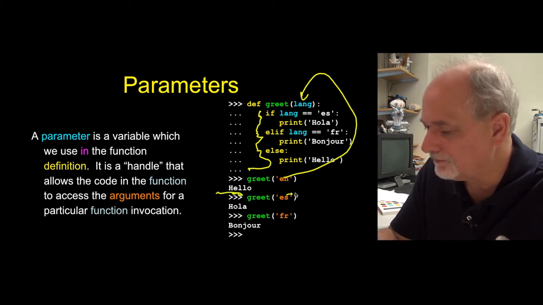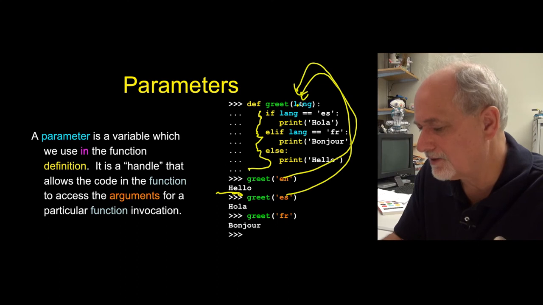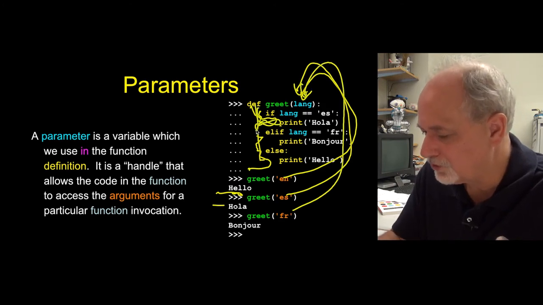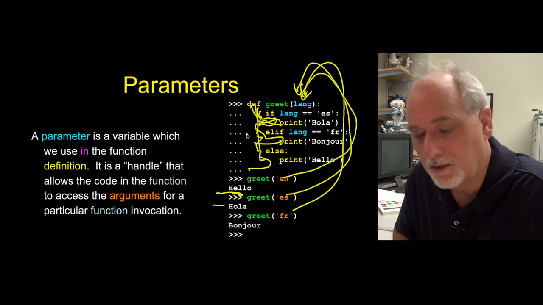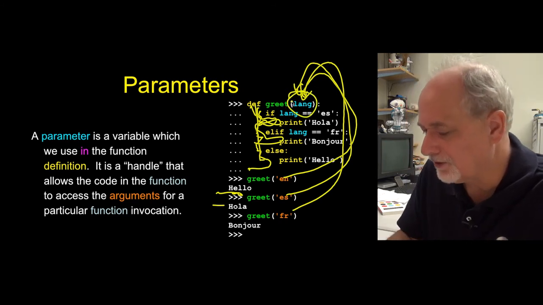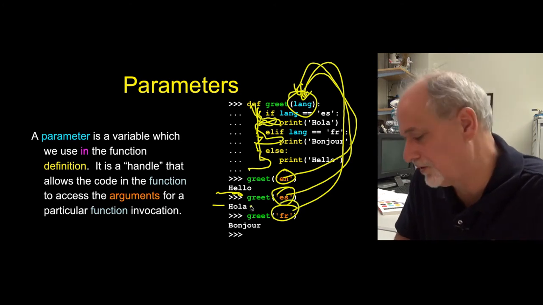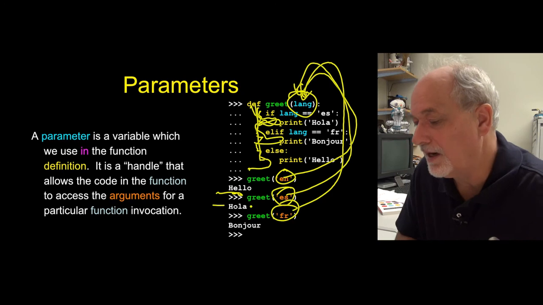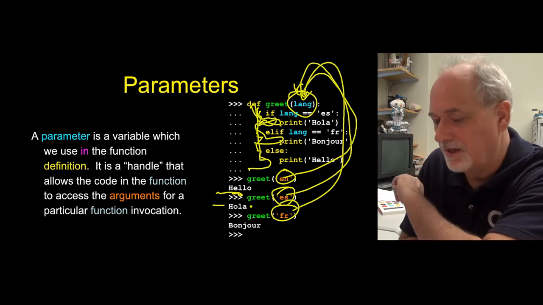And then we call it again, and this time es is lang, and so it runs this code and prints hola, and then next time it calls with this, and then it prints bonjour. You get the idea. So this is a placeholder so that on successive calls or invocations of the function, we can get at whatever the programmer put in as that first parameter.